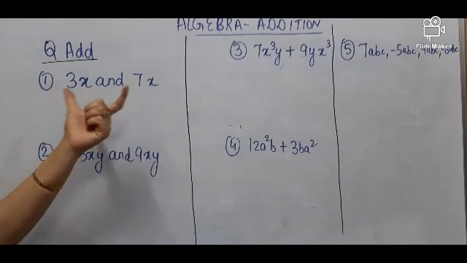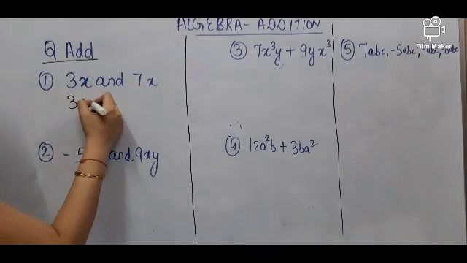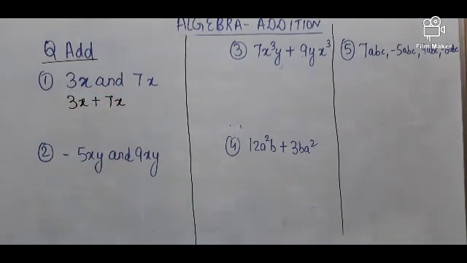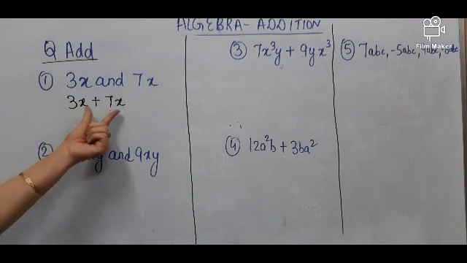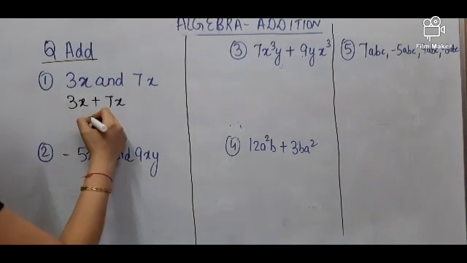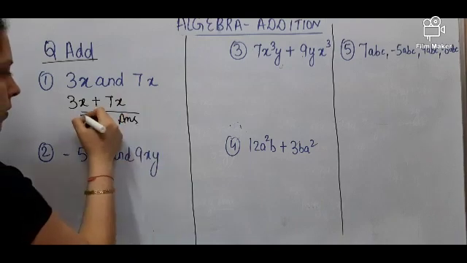Write down 3x plus 7x. There are two terms and both are like terms because both have the variable x. So you just have to add their constants. 7 plus 3 is 10, so 10x is the answer.